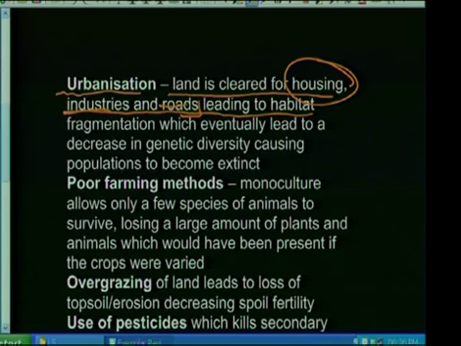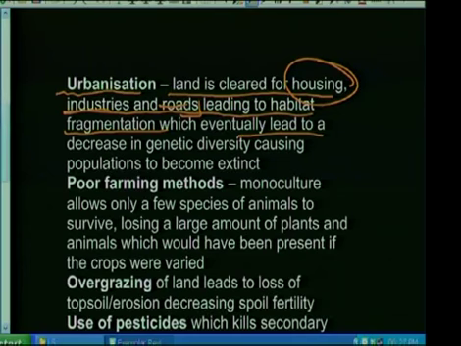What does this do? It leads to habitat fragmentation. The habitat had so much space. Now we've come in between. The road has separated the habitat. The houses have separated the habitat. And the industry has separated the habitat. And this leads to a decrease in genetic diversity, causing populations to become extinct. So organisms that were existing are not existing anymore because of that.